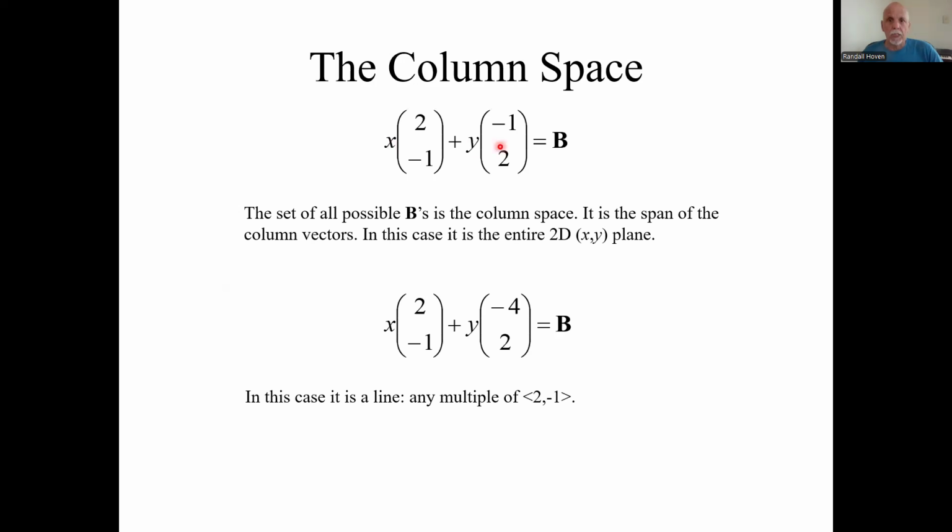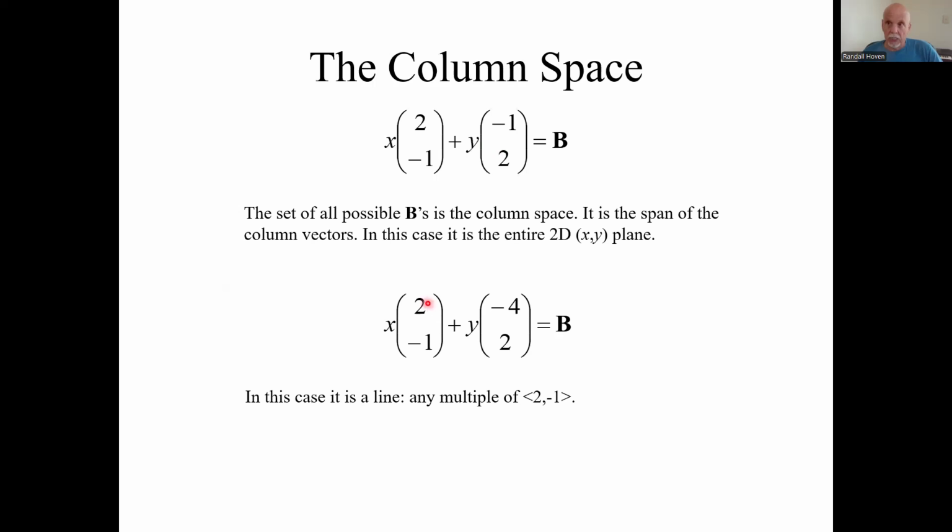So these 2 column vectors span the whole 2-dimensional space. I could find some x and y that would give me any point in the xy plane that you want to hit. So the column space here is all of 2D, xy plane.